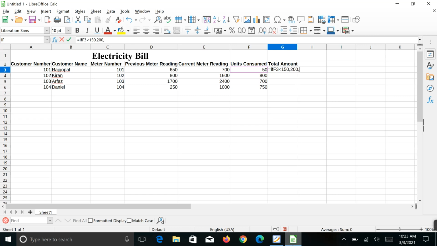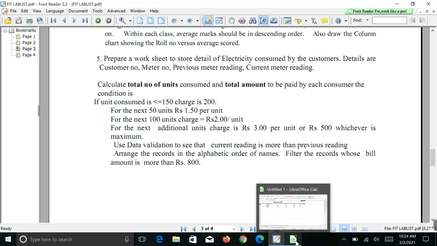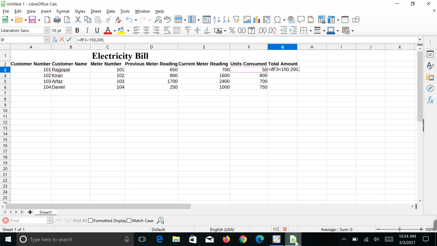First condition is satisfied. Coming to the next condition. What is the next condition? For the next 50 units, it is 1 rupee 50 paise per unit. That means first 150 units will be charged at a rate of 200. Then the number of units consumed minus 150 will be charged 1 rupee 50 paise. So accordingly we have to do.